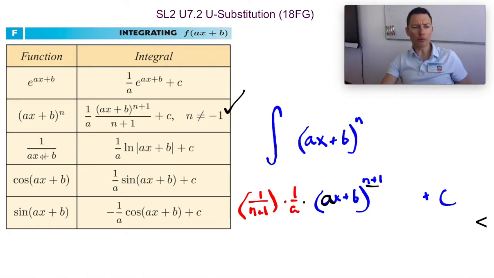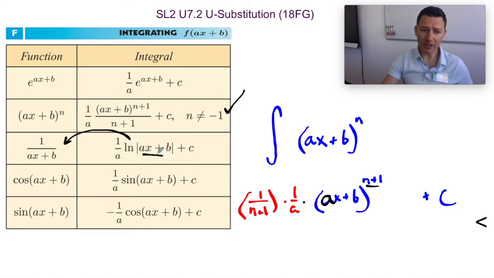This 1 over x tells us that we're going to be looking at a natural log, right? Because if you took the natural log, the derivative is 1 over x. But then also, because it's chain rule, there's something inside, we have to multiply by 1 over that a term. Same with cosine, right? Derivative of sine is cosine, and you'd multiply by the a term generally, so we have to mitigate that by saying 1 over a.